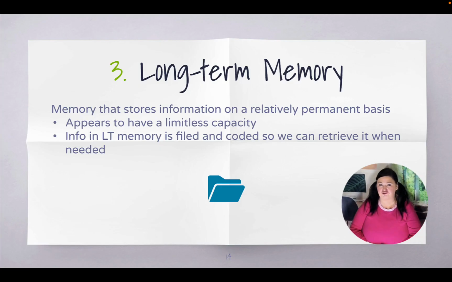Long-term memory is the memory that stores information on a relatively permanent basis. Psychologists believe that it has limitless capacity. We don't really have any limit to how much we can store in our long-term memory. We can file our long-term memories into different categories so that at a particular moment when we need it, we can go in and get it.